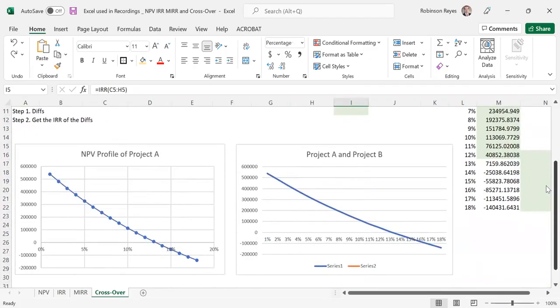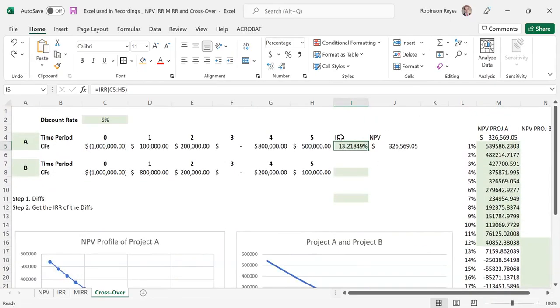Now, another important intuition about this is that these are the discount rates. Another way of thinking about IRR is that the IRR is also the holding period return for the project, or the yield of the project. If we're buying the project and we're waiting until maturity, until we receive the last of the cash flows, that is the internal rate of return.